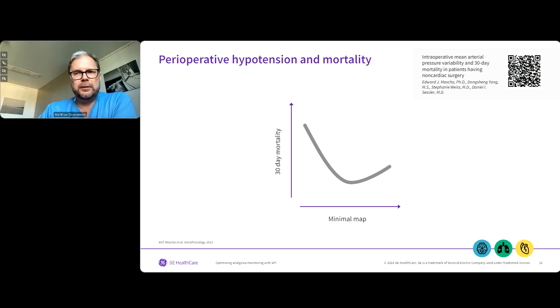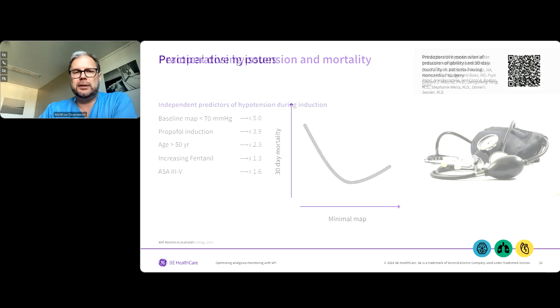And on the other side, we know that cardiovascular instability affects the outcome of our patients. Therefore, we have to avoid cardiovascular instability. And that is another important fact when introducing our anesthesia. We need help in being on the right dose, not overdosing the patient, and not inducing cardiovascular instability.